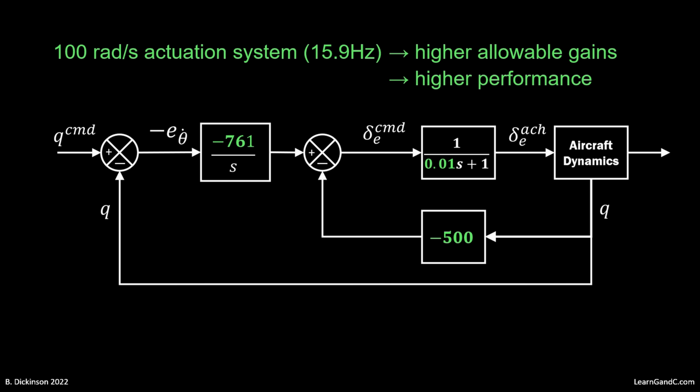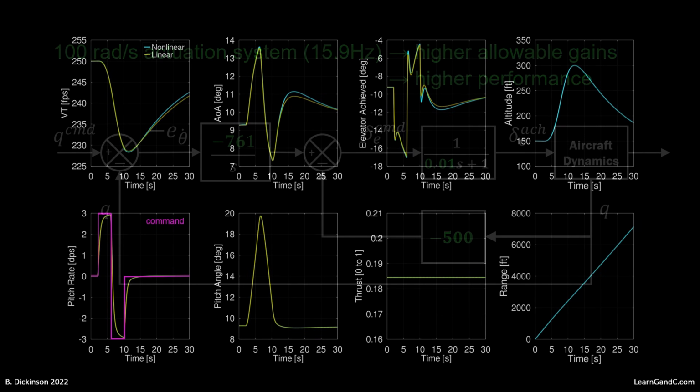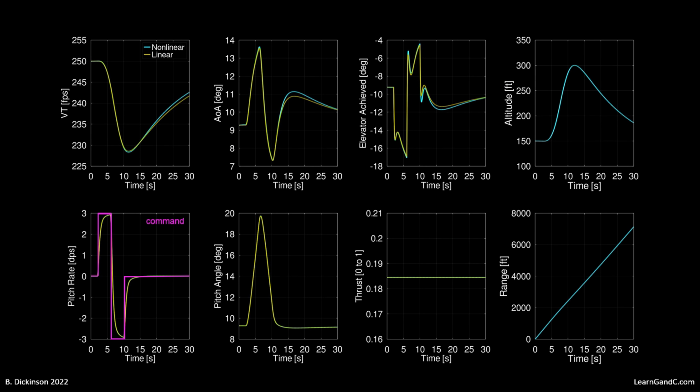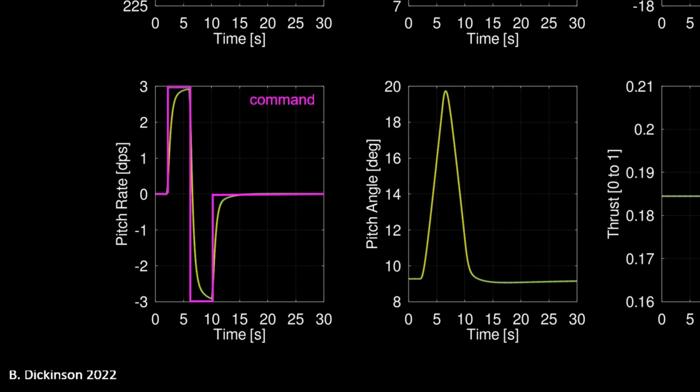With the updated actuation and PI gains, we simulate the doublet command input response. As before, a 3 degree per second amplitude doublet was commanded, simulating a pull, push, return motion of the control column. We observe much faster pitch rate tracking that's critically damped.